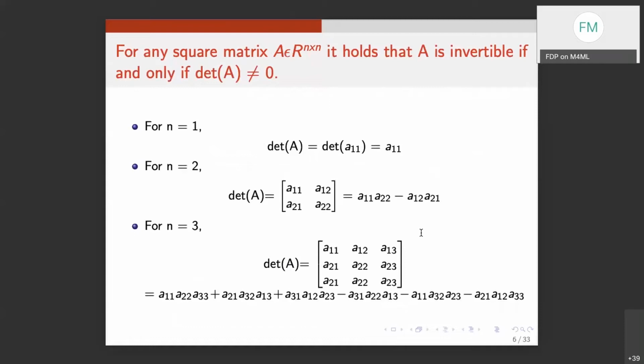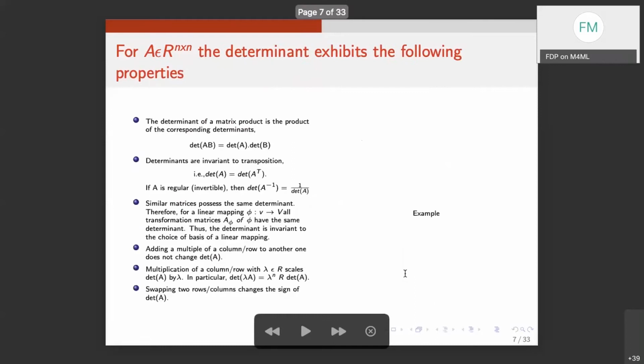For n equal to 1, the determinant of A is A11 itself. For n equal to 2, the determinant is A11 A22 minus A21 A12. Similarly, for 3, we'll use something like A11, A22, A33. Now let me take one simple example of that.